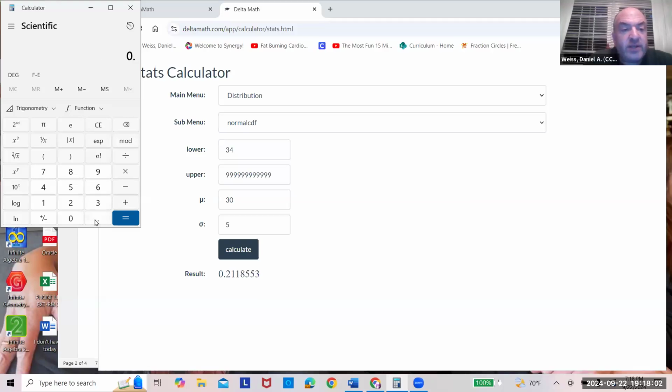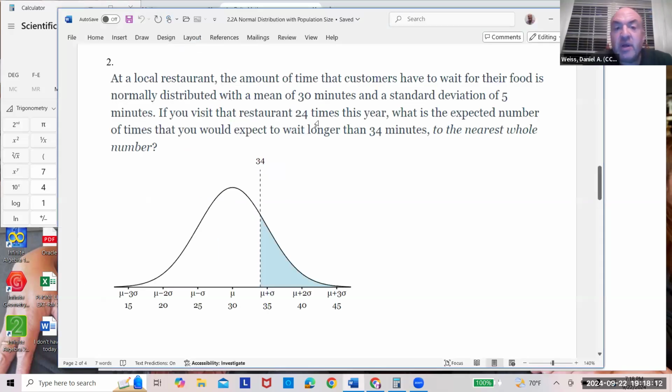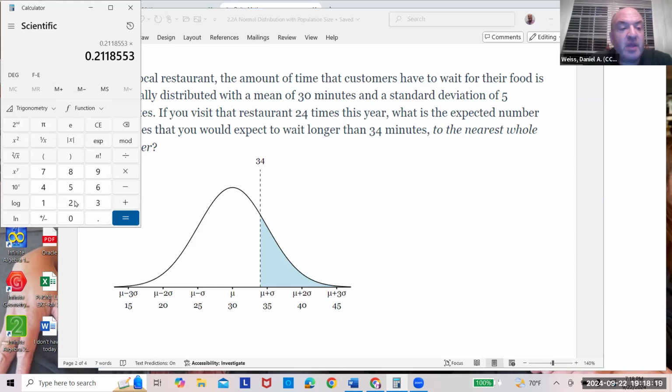We're going to put 0.2118553 times how many? What was the number? If you visit that restaurant 24 times, so it's times 24. 24, it equals, and you get 5.084, which is going to round just to 5.